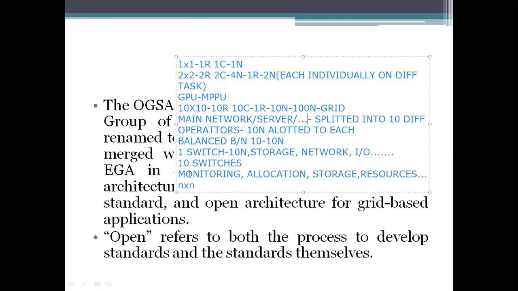The main thing is we need to monitor, allocate, and then manage storage, then resources, and take care of the network connections also. All these things come to mind when we are dealing with computations, which is parallelism, which is network oriented.